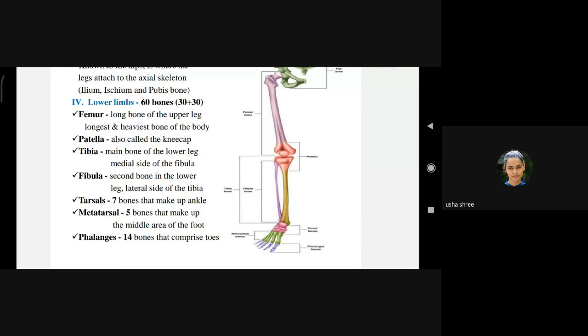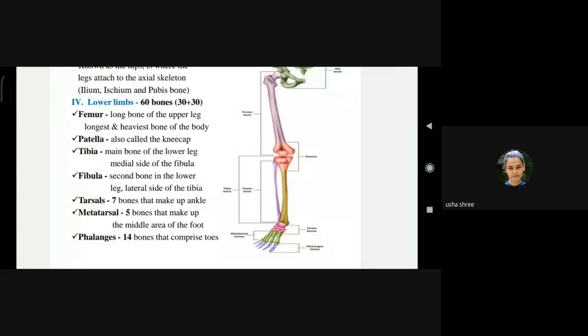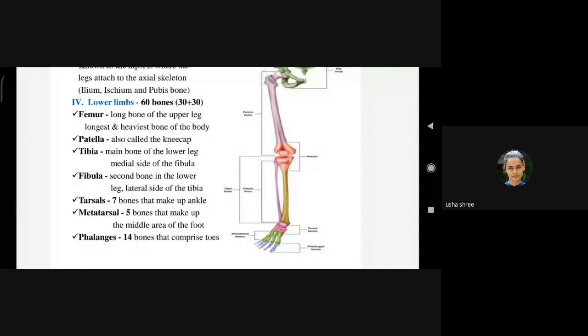Proceeding to metatarsals, which are the roots of phalanges in the leg. The metatarsals are 5 in number according to our 5 fingers, and the phalanges are 14 in number, and how they are 14 we have already discussed.